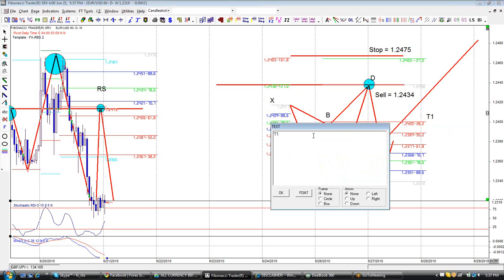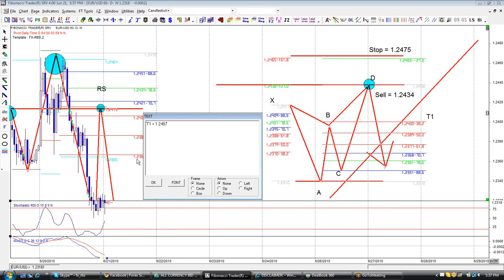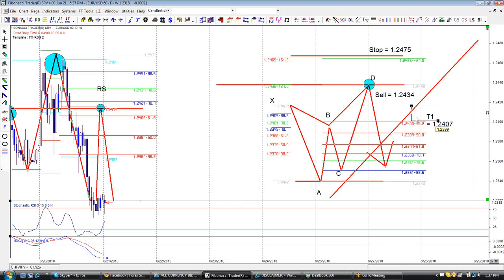My target one would be 124.07. I always put a couple of pips above. This will cover the spread. Now different pairs might have different spread. Usually I put 2 or 3 pips above the spread just to have it as a gap, as a cushion.